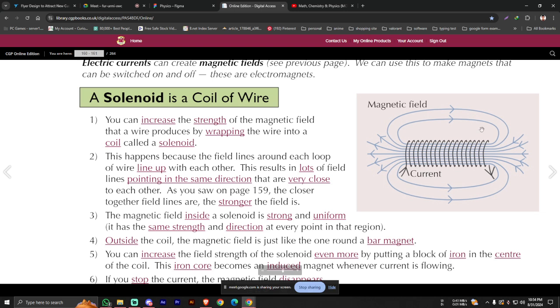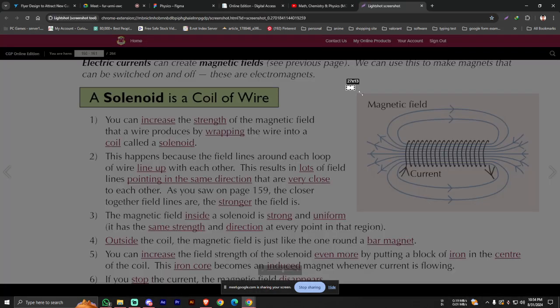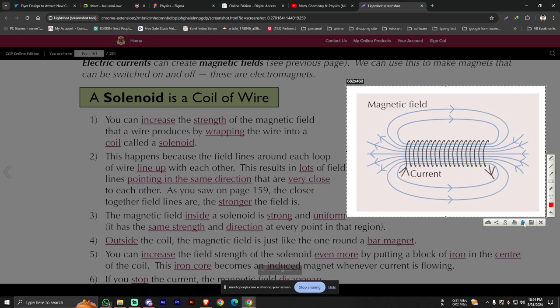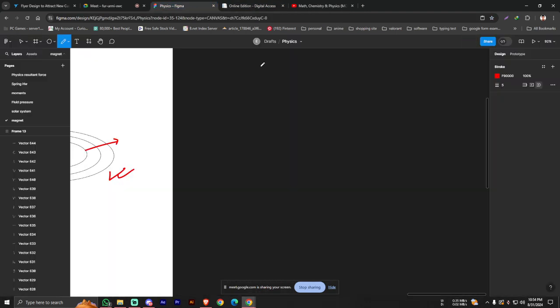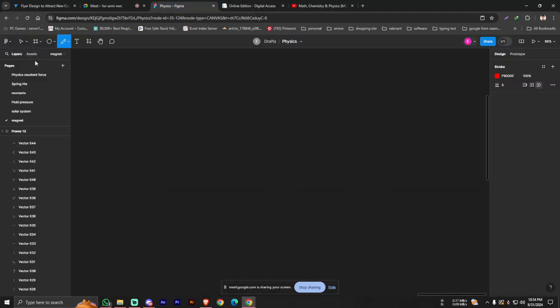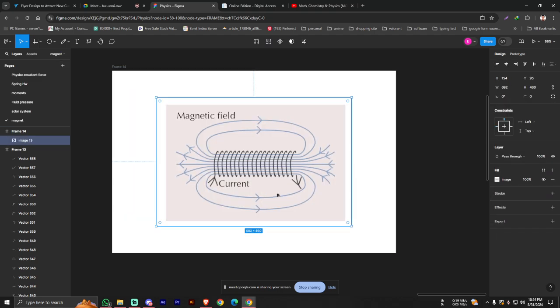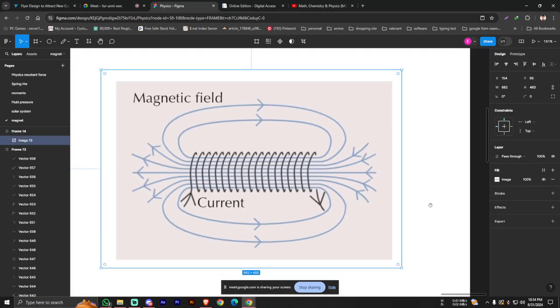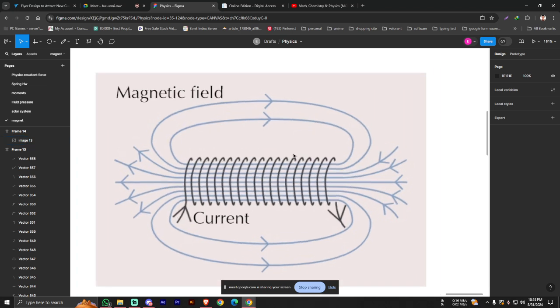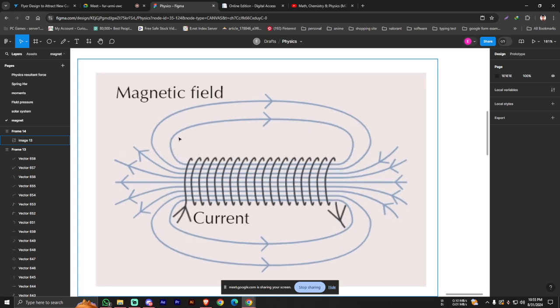So what is happening inside the solenoid, we have to understand with this picture right here. We have discussed it already, but let's do it one more time. In this picture, you can see there are some magnetic field lines which are curved and some magnetic field lines which are straight, or uniform.